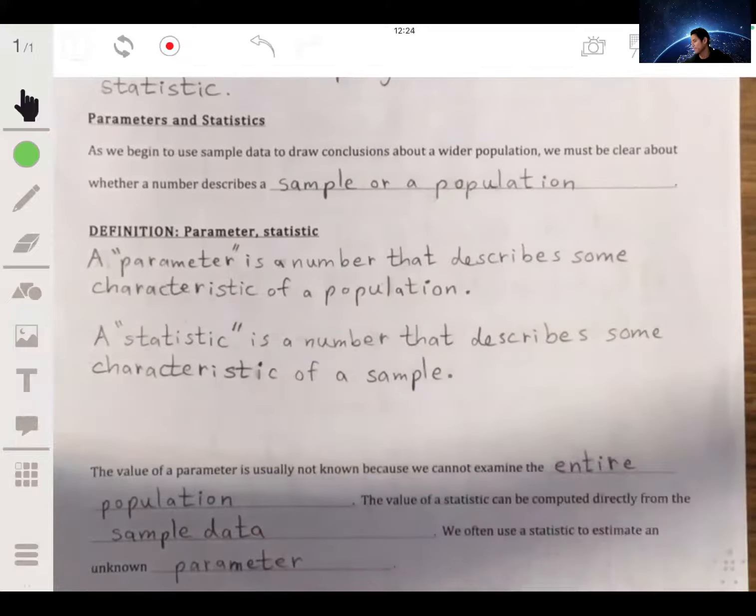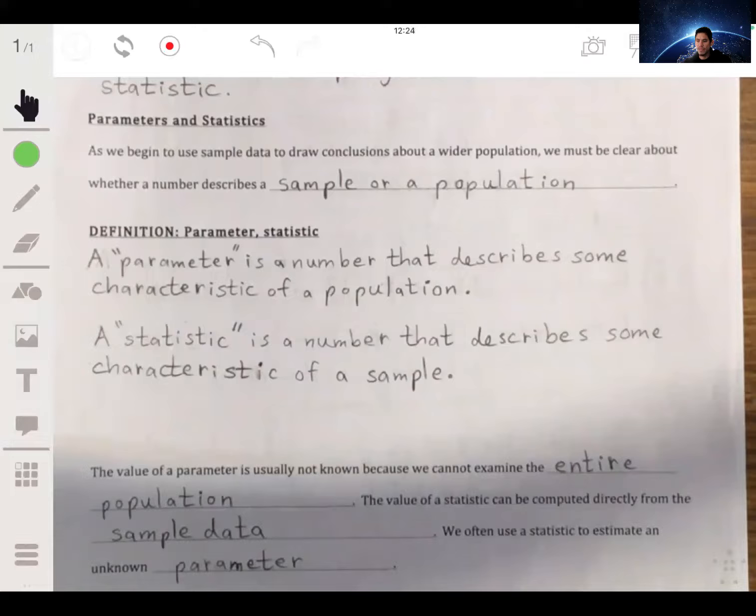Now, you could also apply this if you're trying to find the mean of something. Maybe you're trying to figure out the mean amount of money that someone spends eating out every week. Again, you can't ask every single person, so you ask a sample of people, maybe 1,000, and they tell you, I spend $50 a week.